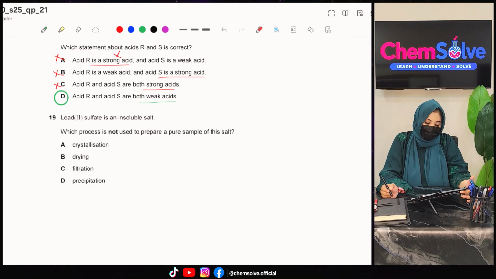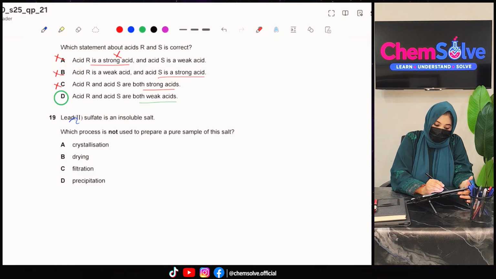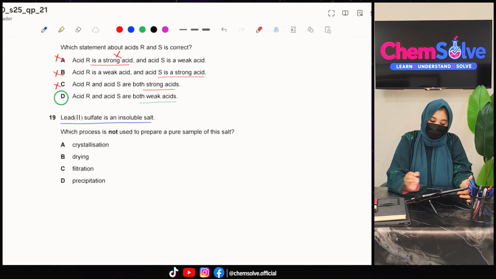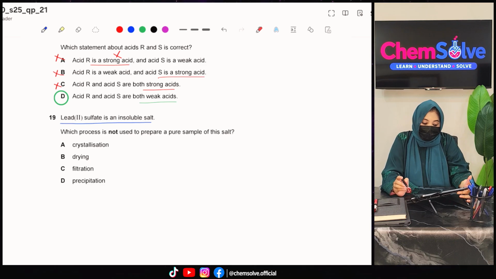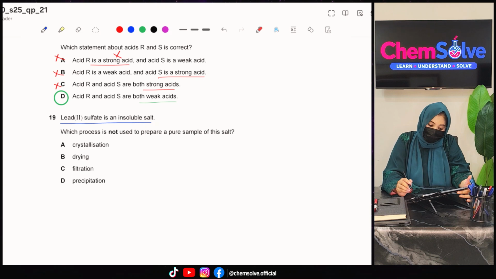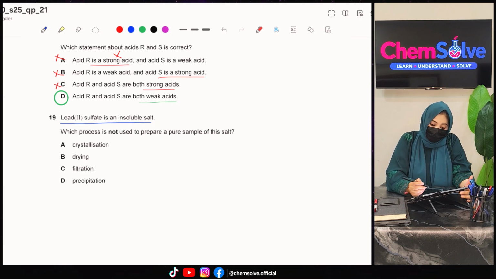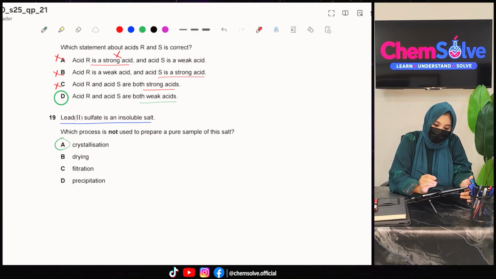Now question number 19. Lead sulfate is an insoluble salt. So which process is not used to prepare a pure sample of the insoluble salt? Of course, clearly the option should be A. Why? Because filtration is used to remove the insoluble one.